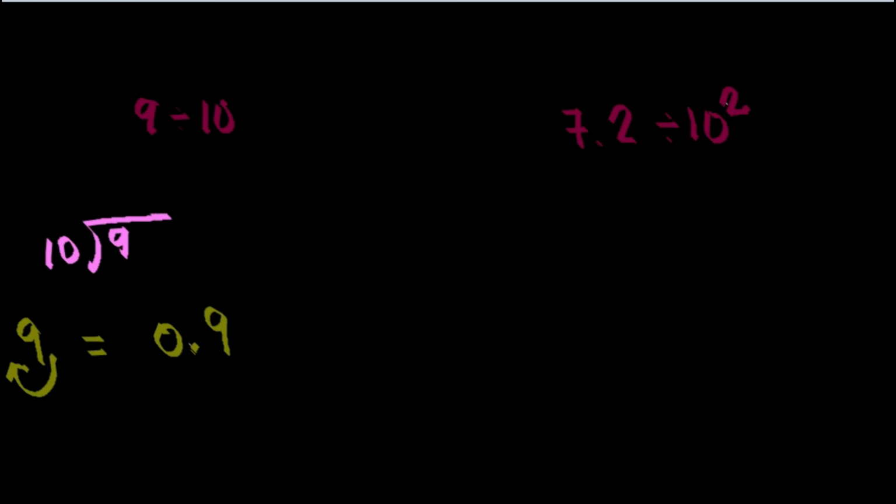We are going to make it easier by looking at either the exponent or the power in the exponential notation, or counting the number of zeros in the power of 10. In 7 and 2/10, there's an exponent or a power 2, and this tells me how many times I will move my decimal point to the left.